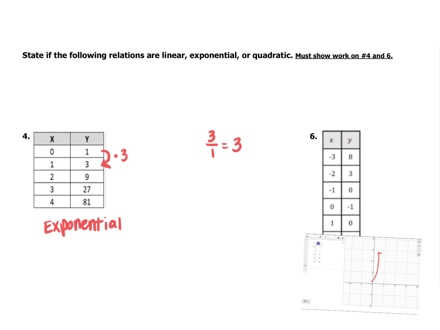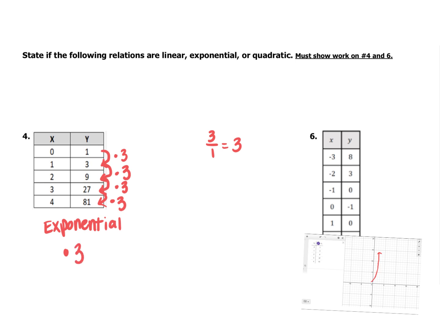Well, is 3 times 3 9? Yes, it is. Is 9 times 3 27? Yes, it is. And 27 times 3 is 81. So since I'm multiplying by 3, that tells me that this is exponential.